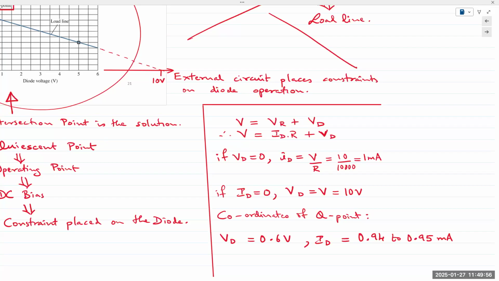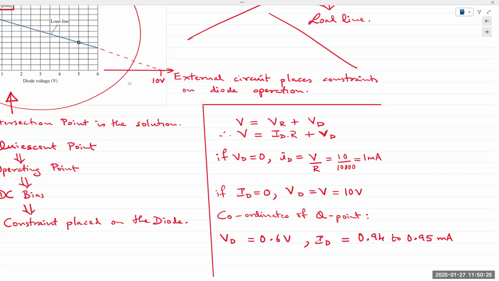To find the intersection points of the line, to be able to plot the line. The question being asked is, why are we plugging in VD and ID equal to 0? The reason is we have two unknowns, VD and ID. But if we are considering this as a straight line, then we assume that the line would intersect the axes at some point.